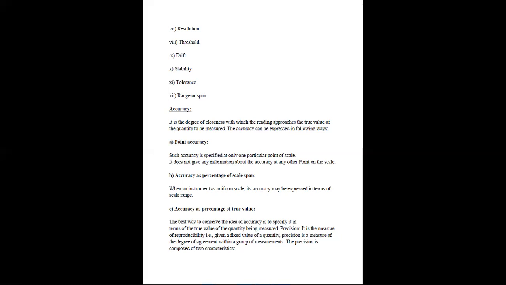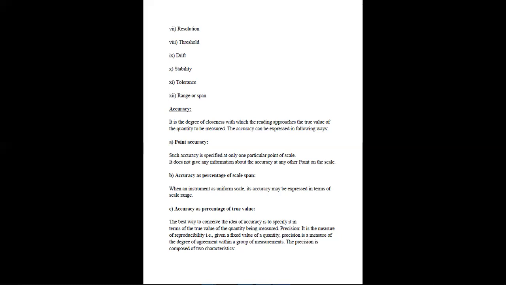Again, the best way to convey the idea of accuracy is to specify it in terms of the true value of the quantity being measured. Means the accuracy of any instrument will be compared with the true value, the exact value of the quantity.